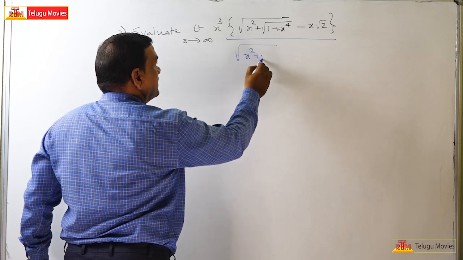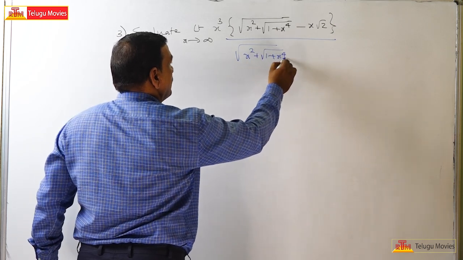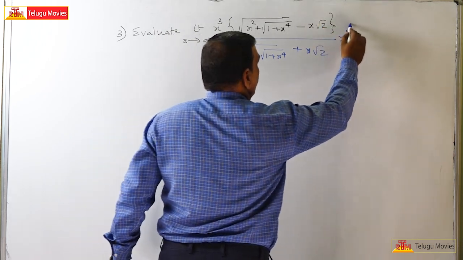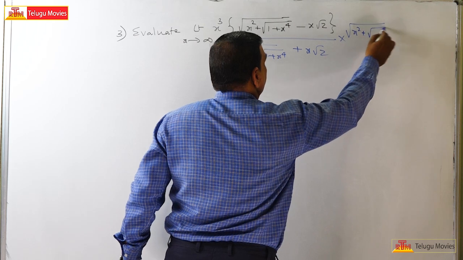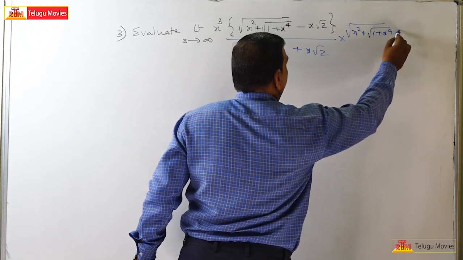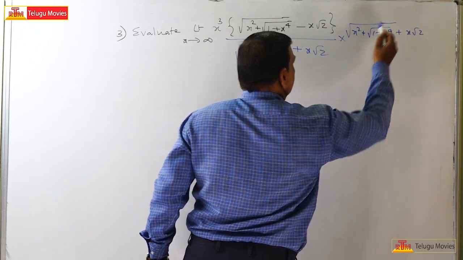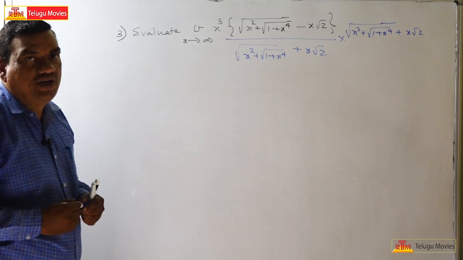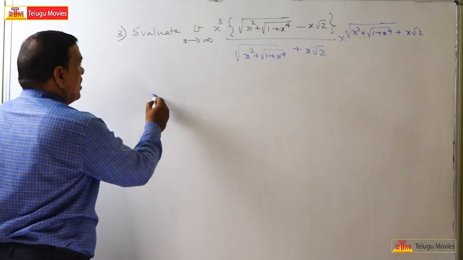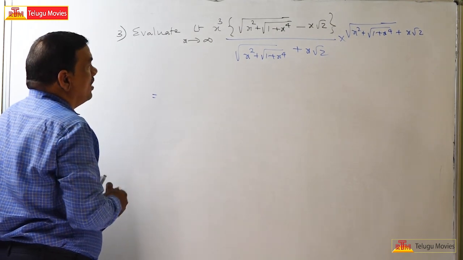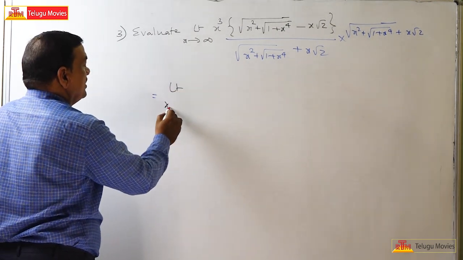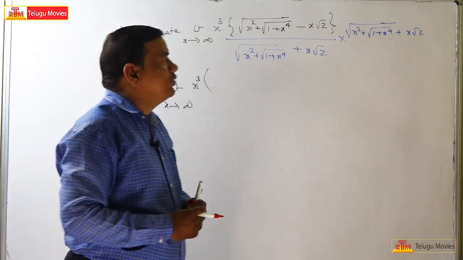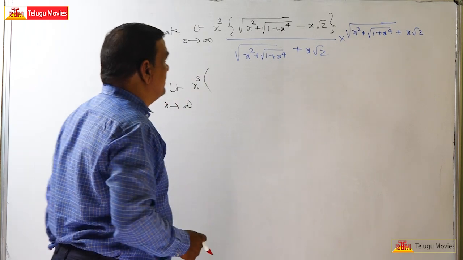Square root of (x square plus root of 1 plus x to the power of 4) plus x root 2, into the same, square root of (x square plus root of 1 plus x to the power of 4) plus x root 2. Now in the numerator, (a plus b) times (a minus b). So the formula is limit x tends to infinity x cube into (a square minus b square).